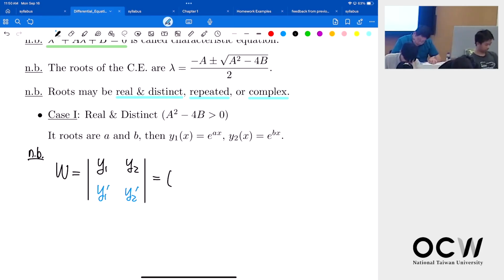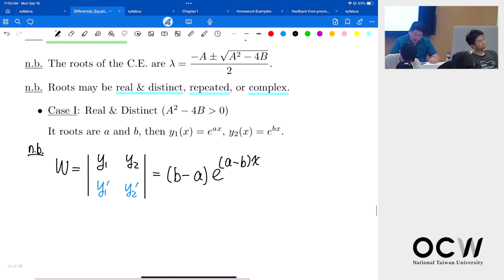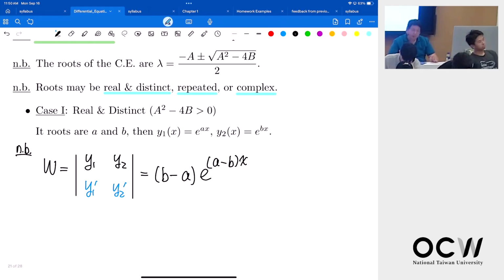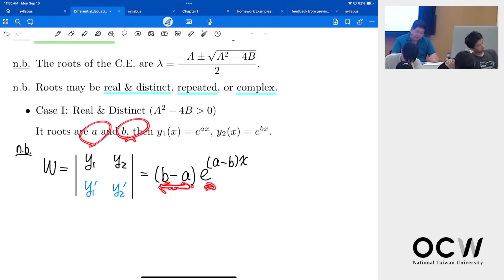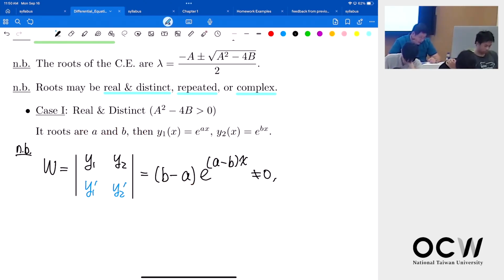You get b minus a times e to the (a plus b)x. Is that 0? Since the roots are real and distinct, I cannot get b minus a equals 0, because b is not equal to a.